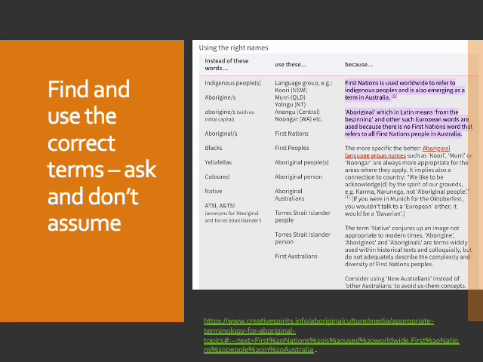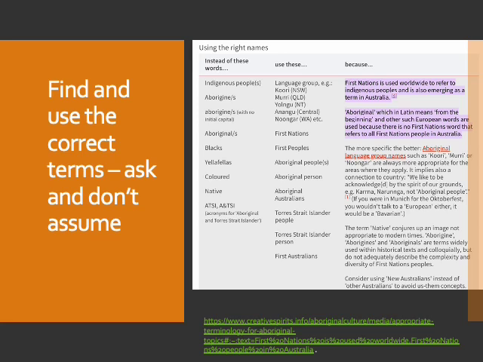First Nations is used worldwide and it refers to those Indigenous peoples, and I'm finding that that's an emerging term in Australia. Now, Aborigine and Aboriginal and so on with no initial capitals, sometimes it's used quite derogatory. So you want to make sure that you are using the right frame and the right language for the right circumstances.